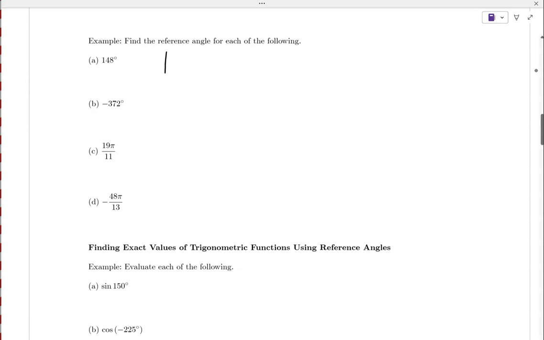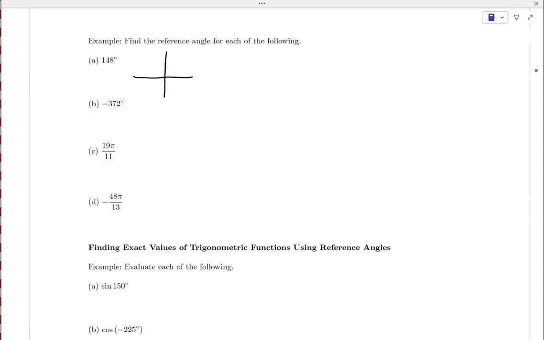So if I draw my picture, which quadrant should your terminal side end up in? If I have a 148 degree angle, which quadrant? 2, right? We're starting off the positive x-axis, rotating counterclockwise, right? Up and to the left. 148 degrees is past 90, but not quite to 180, right?